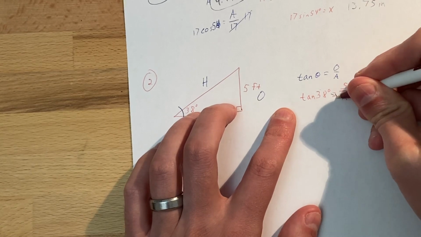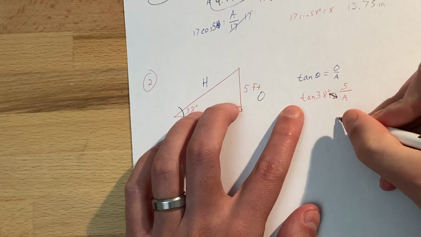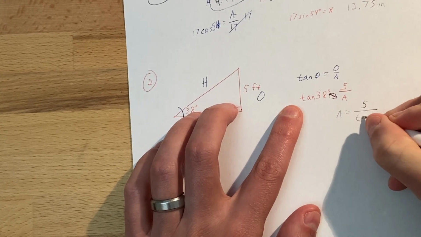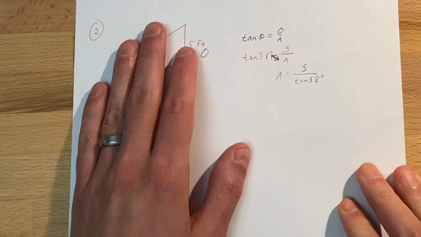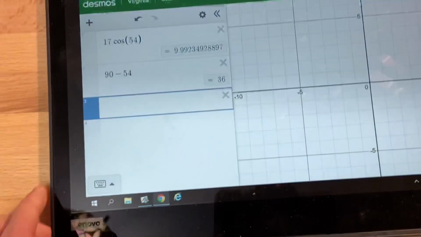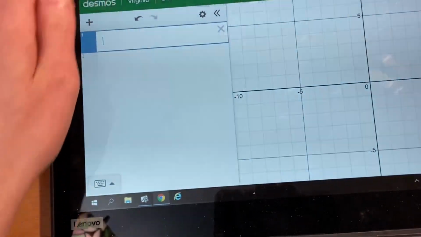But the shortcut version is you can flip those two things to make a equal to 5 over tangent of 38 degrees. This thing is shaking a lot. But just go ahead and plug that in here. I already forgot what I wrote.